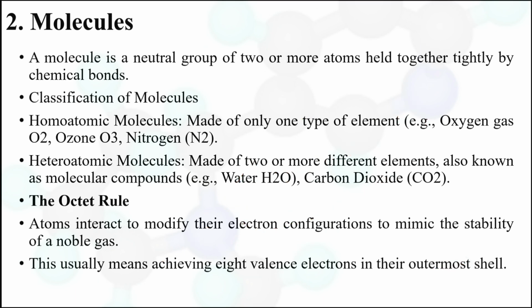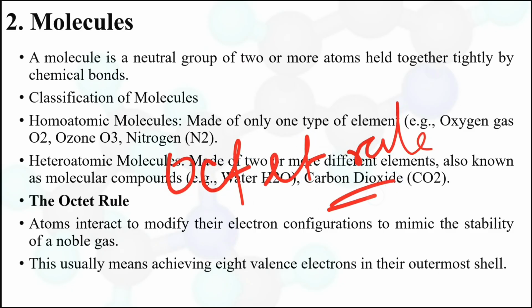So what is the octet rule now? In layman's language, I am trying to explain the octet rule. It is a chemical rule where the atom tends to gain or lose or share electrons to reach a full outer valence shell of 8 electrons.